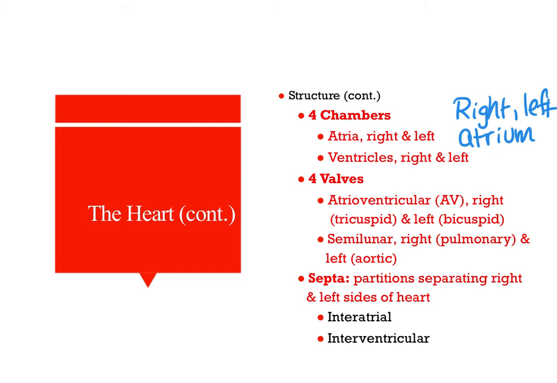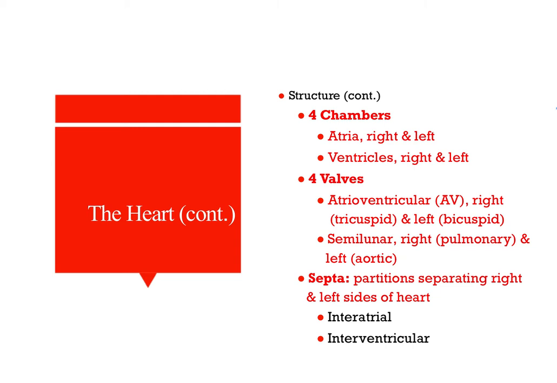Then we have 4 valves as well that are at the exits of each chamber. Okay? We have the atrioventricular valve, which breaks down to the right atrioventricular valve or tricuspid, and then we have the left atrioventricular valve or bicuspid, also known as the mitral.